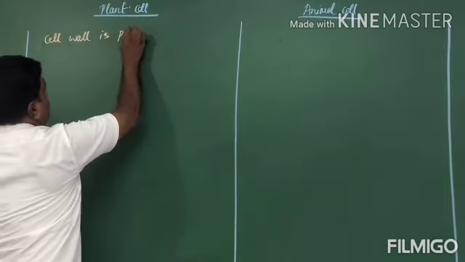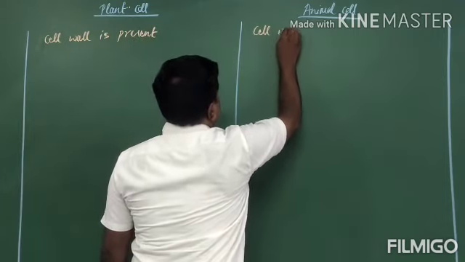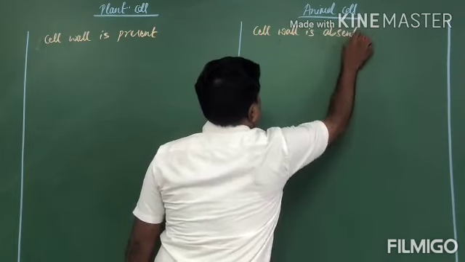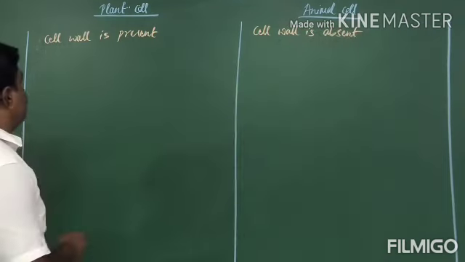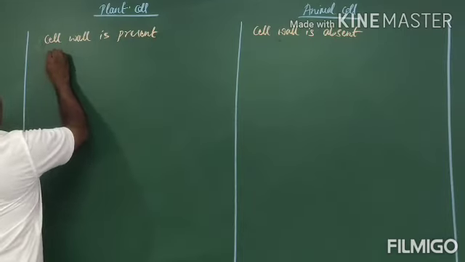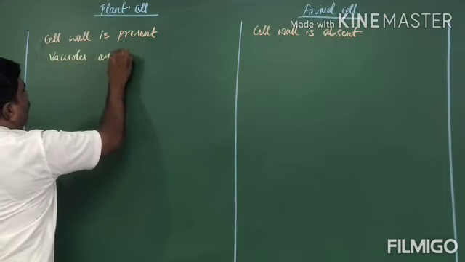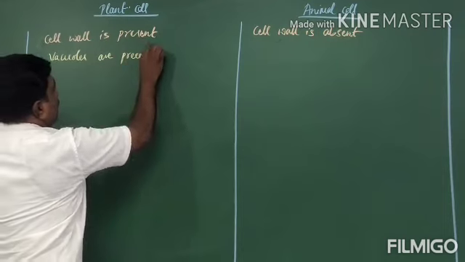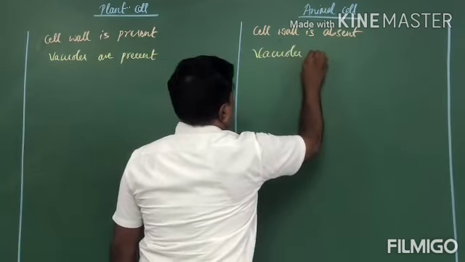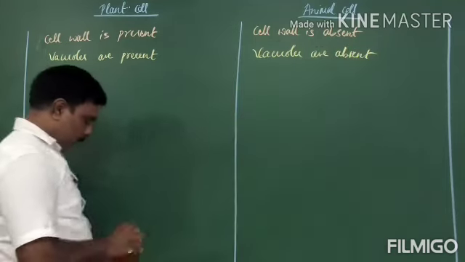In animal cells, the cell wall is absent. Then vacuoles are present in plant cells, and vacuoles are absent in animal cells.